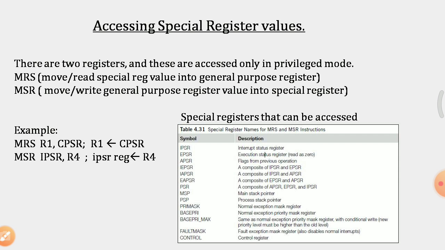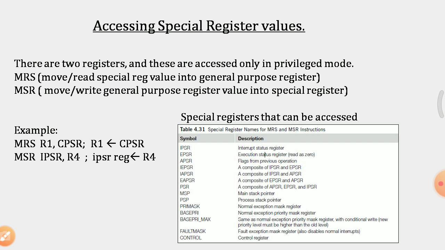They are MRS and MSR. MRS is move or read a special register value into a general purpose register, that is, reading the value of a special register into a general purpose register. MSR is moving or writing a general purpose register value into a special register.